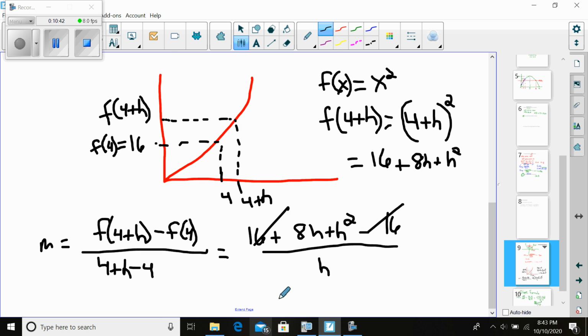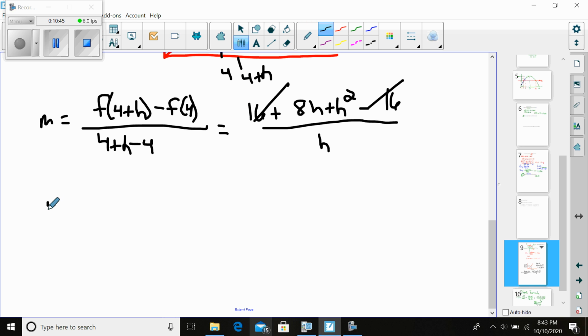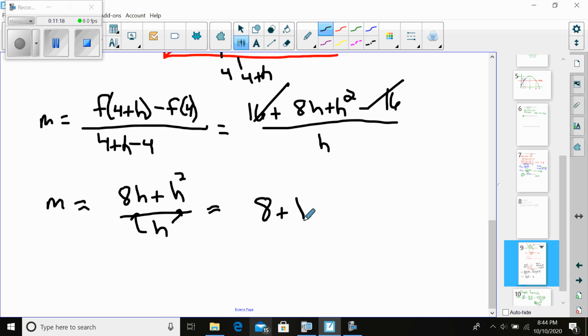And so then I get my slope is, now look, I have 8h plus h squared divided by h. So I am allowed to divide by h as long as I go into each term of the sum. All right, because I have a sum here, not a product. So I have to go into each term. So I get this, 8 plus h, that's my slope.